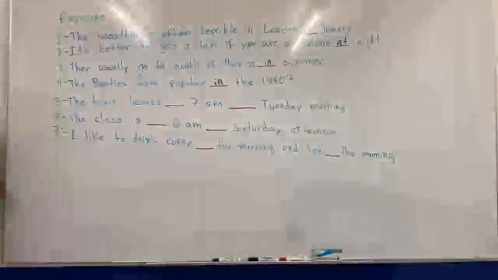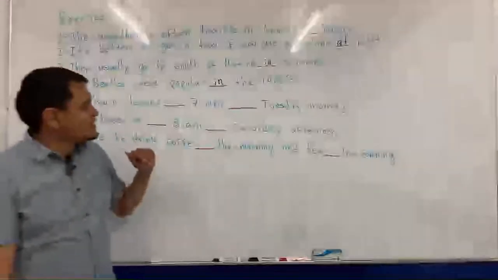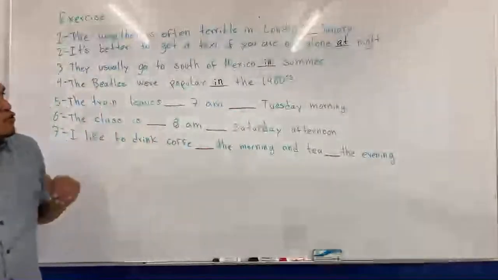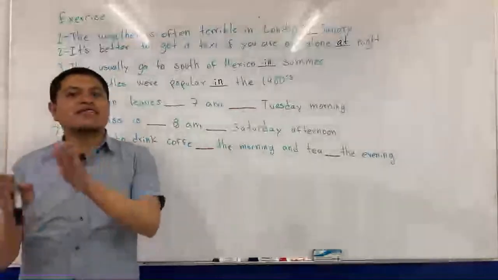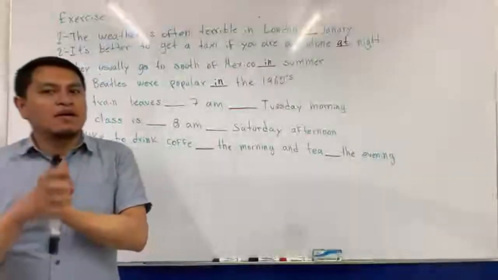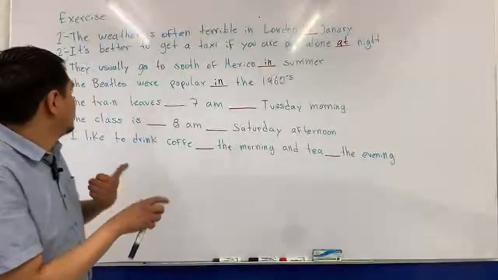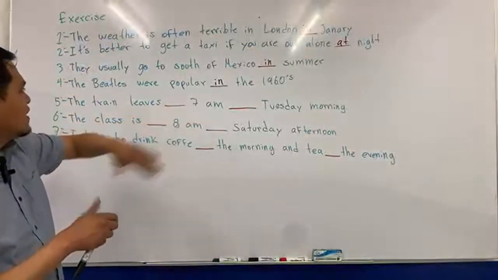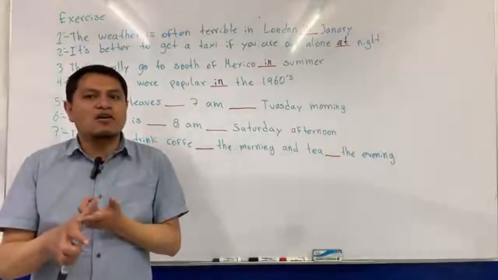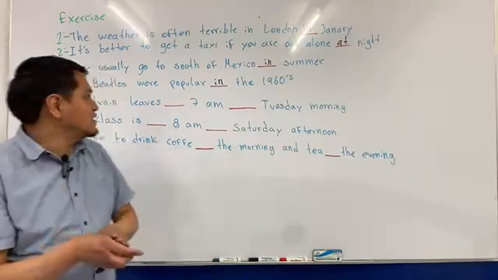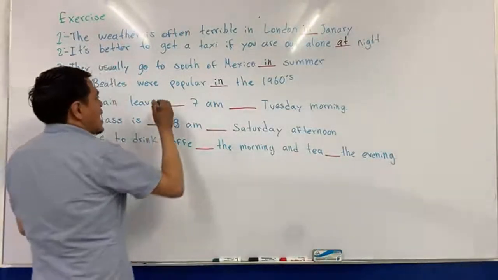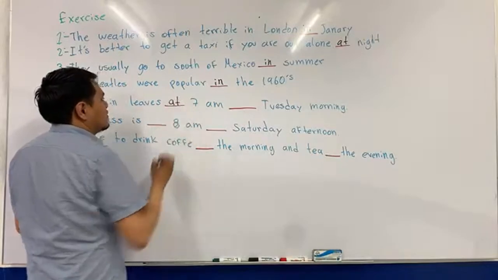Now, the train leaves blank 7 a.m. blank Tuesday morning. In, on, at. In this case, we use at, right?